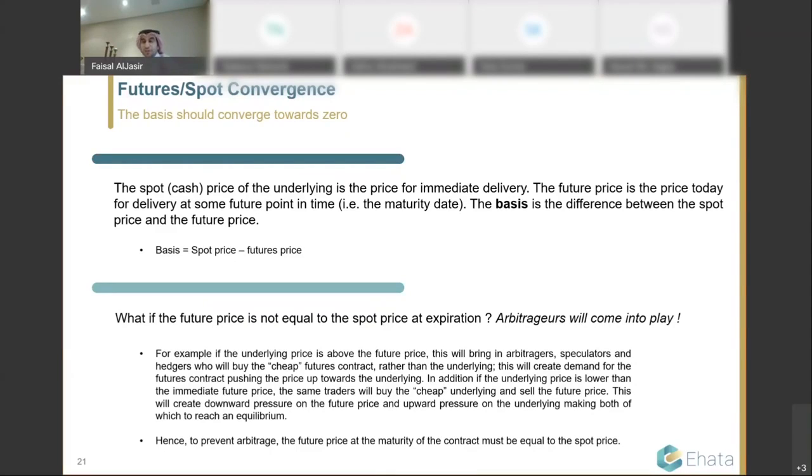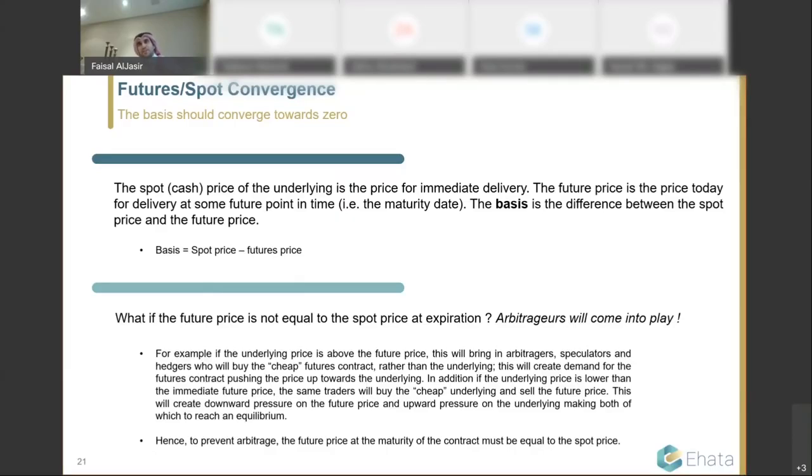And of course, just not to confuse you, when I'm talking here, we're talking about floating future prices. We're not talking about future prices that have been already agreed upon a week ago or a month ago, so they have a fixed delivery price. We're talking about future prices that are floating in the market. When we go towards the expiry date, they should go very close to the spot price.